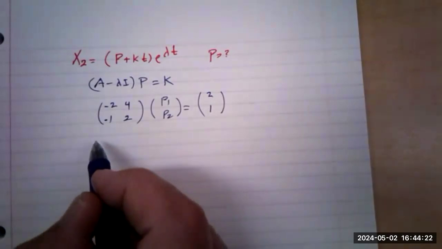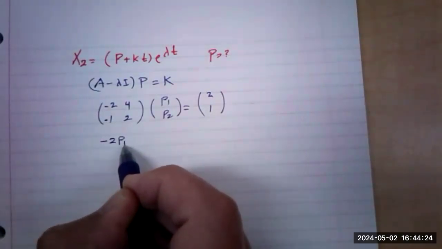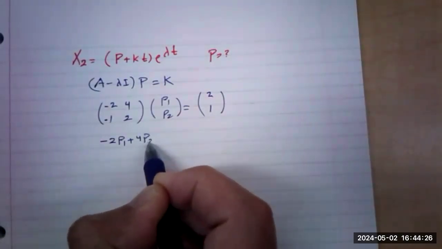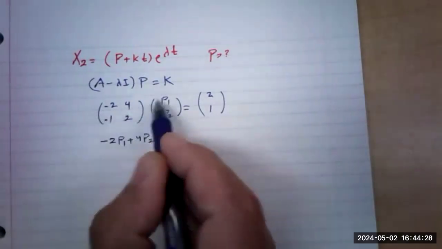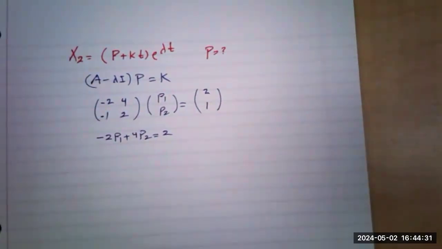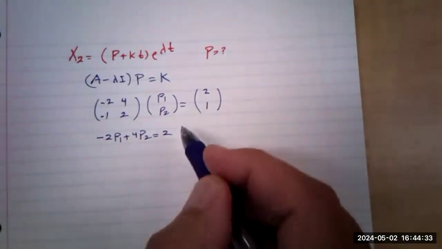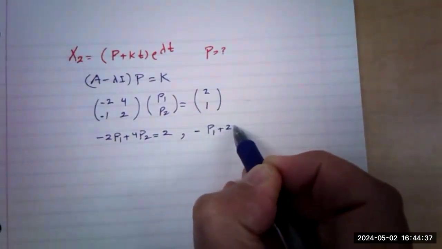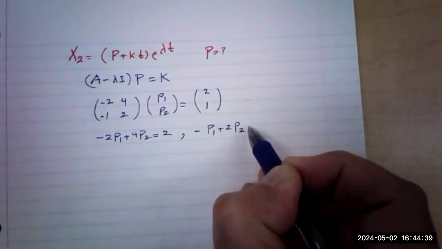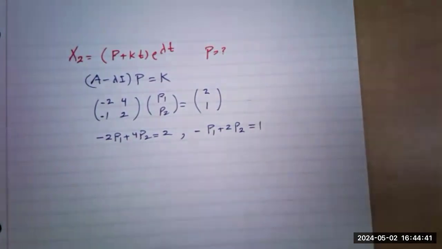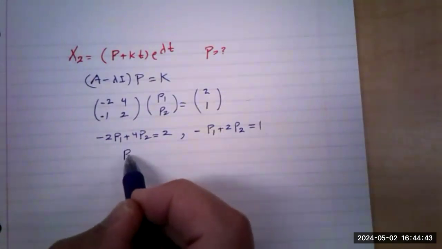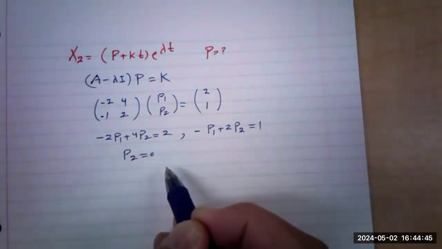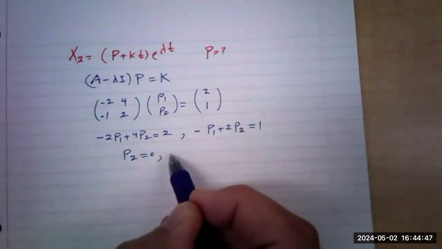Just get the first one: negative 2P1 plus 4P2 equals 2. Now divide by 2, so we get negative P1 plus 2P2 equals 1. Let's pick a number. I pick P2 equal to 0. So P1 would be negative 1.